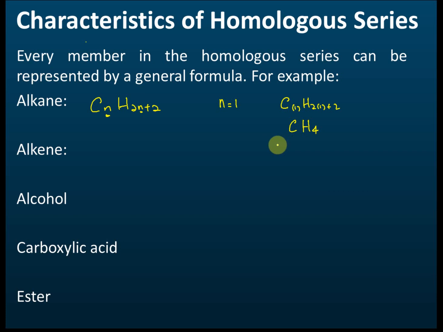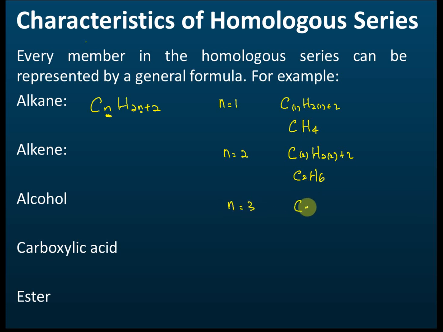Okay, then how about the second alkane? For the second alkane, n equals 2, and therefore the molecular formula will be C2, H2 multiplied by 2 plus 2, and this is equal to C2H6. So this is the molecular formula for the second alkane. How about n equals 3?